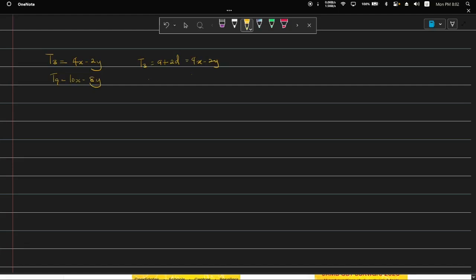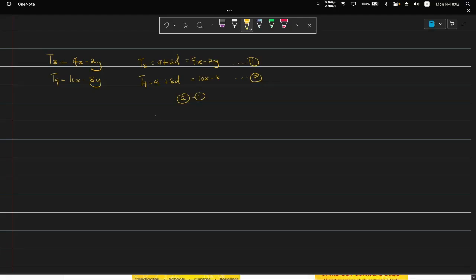Right? And our T9 is a plus 8d, which will give us 10x minus 8y. Now, I have equation 1, I have equation 2. I could do equation 2 minus equation 1.